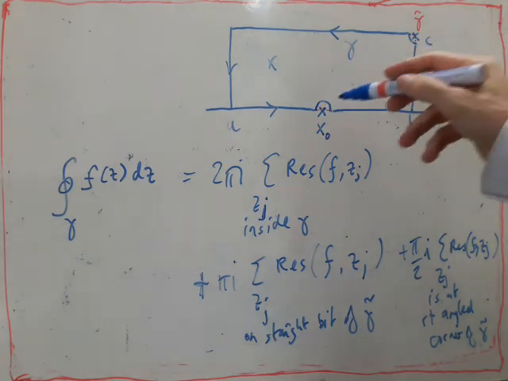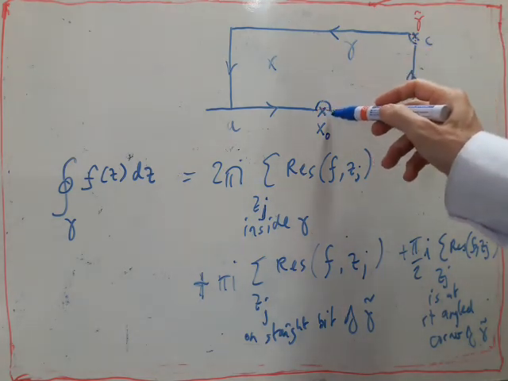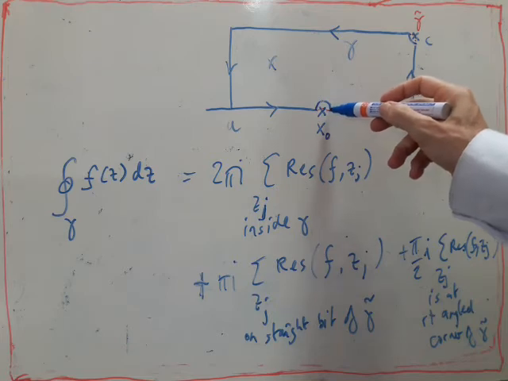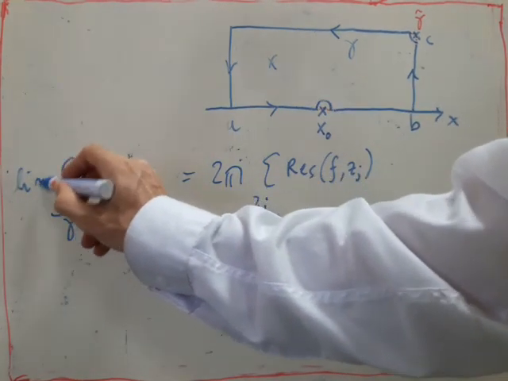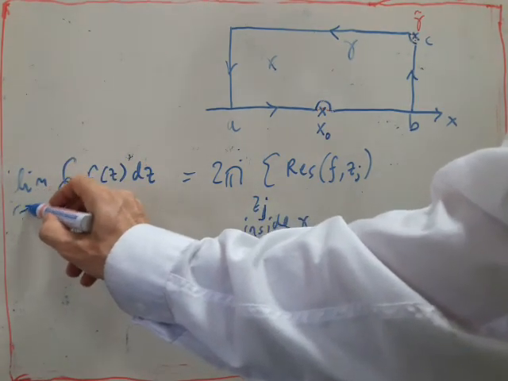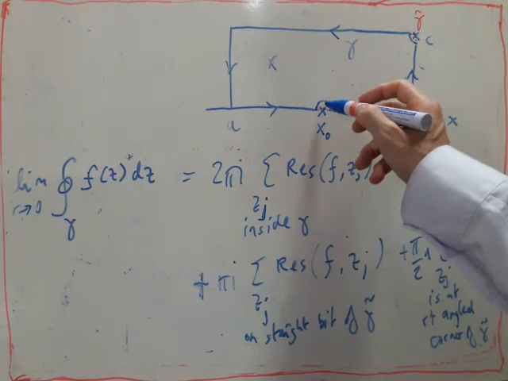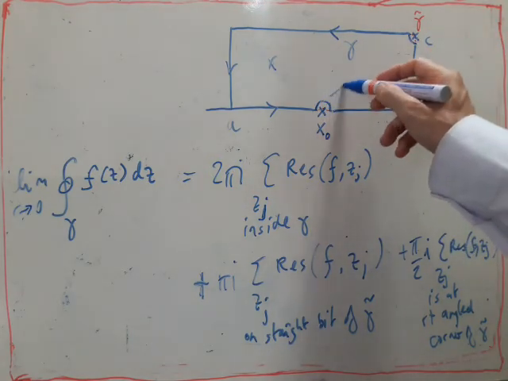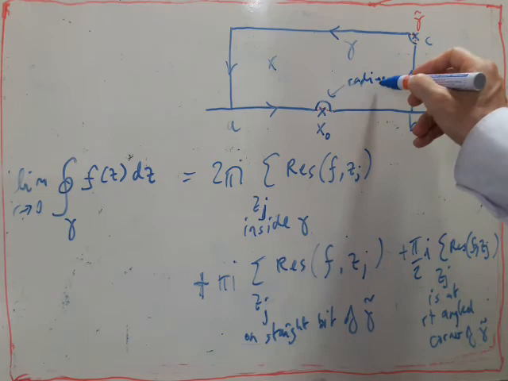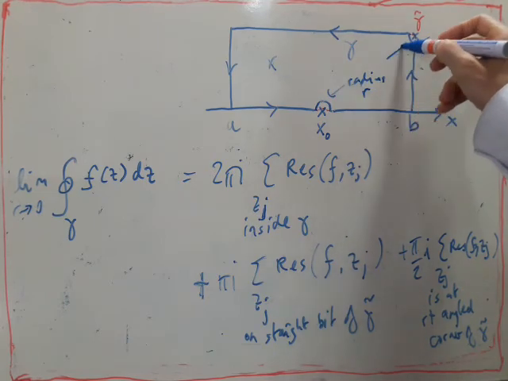Right, so what I haven't said yet is that this is true in the limit as I'm going to make these circles, these semicircles and quarter circles, radius r. So both of these I'll make radius r.